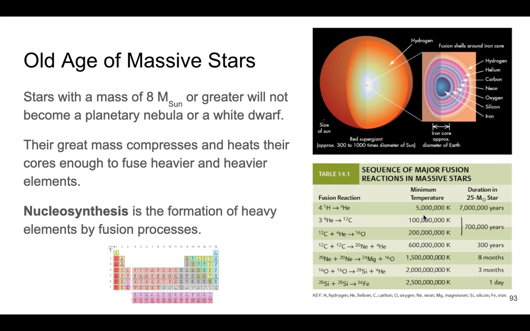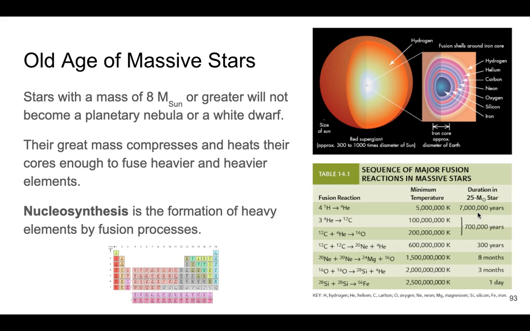So it'll do that for a while, and then it'll start to fuse carbon with helium into oxygen. And that requires a higher temperature, 200 million Kelvin. And that whole stage, helium into carbon, and then carbon and more helium into oxygen, will last about 700,000 years, which sounds like a long time, but it's only a tenth as long as its main sequence, hydrogen into helium stage.